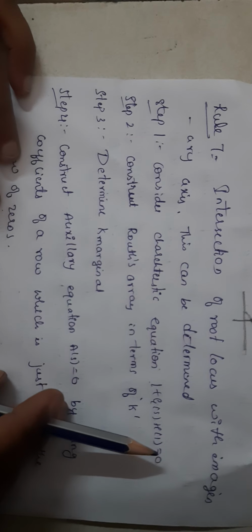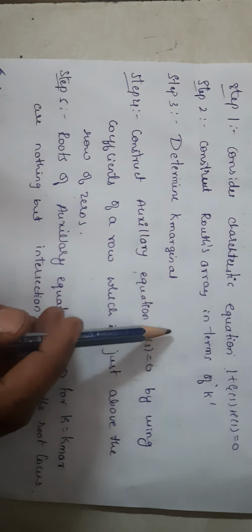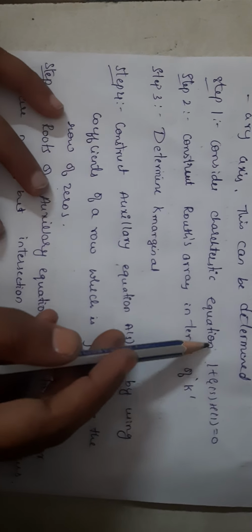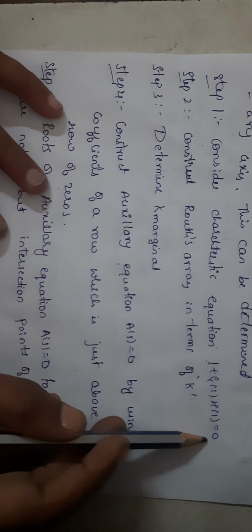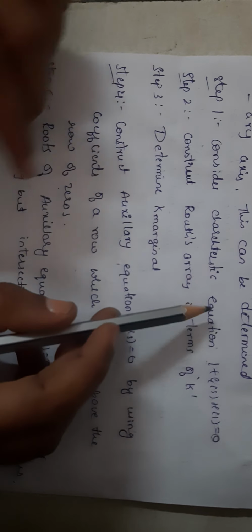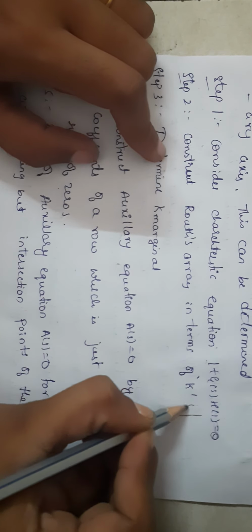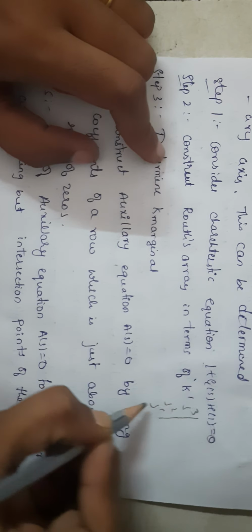Next, what we have to do here, we will see some steps. Step 1: consider the characteristic equation, that is 1 plus G(s)H(s), which we have to equate to 0. By using the Routh array criteria, RH criteria, we have to draw the Routh array, that is s raised to 3, s raised to 2, s raised to 1 and s raised to 0.